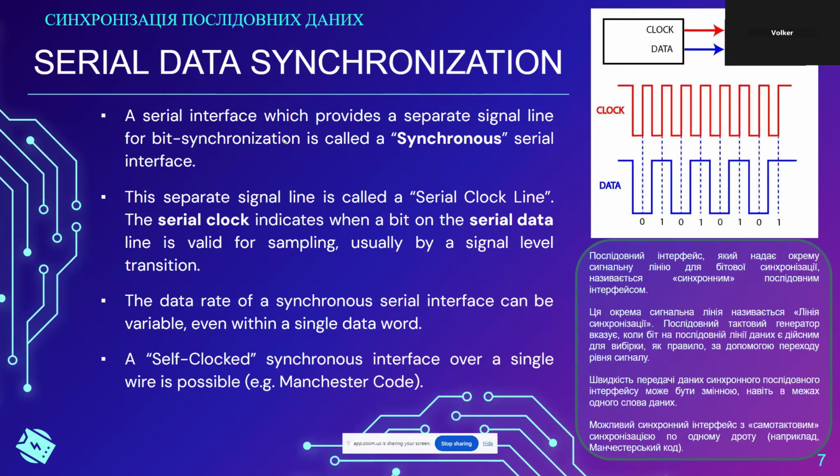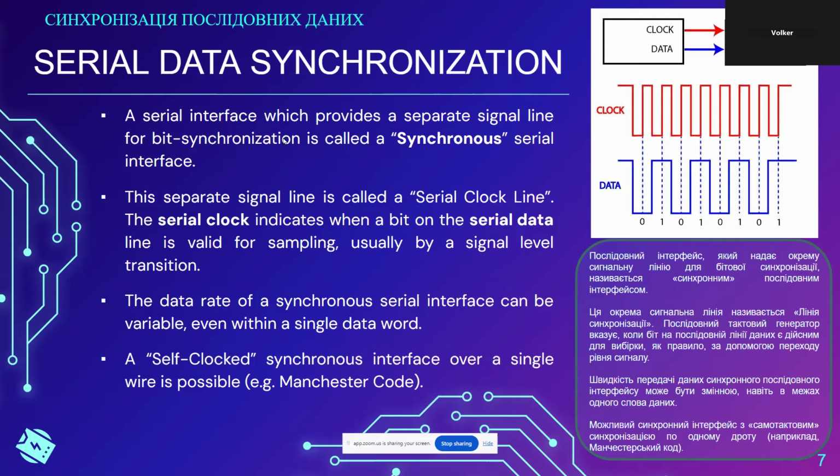So in synchronous serial interfaces or buses, a separate line is telling the receiving device when a bit is valid. It is supposed to be shifted into the receiving shift register. That is a big difference between the synchronous and, later, the asynchronous interface.